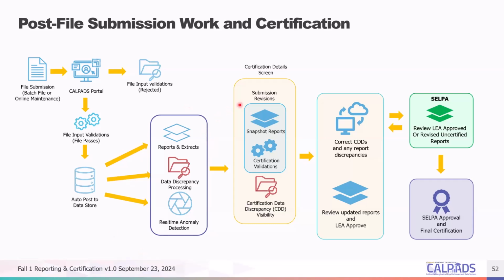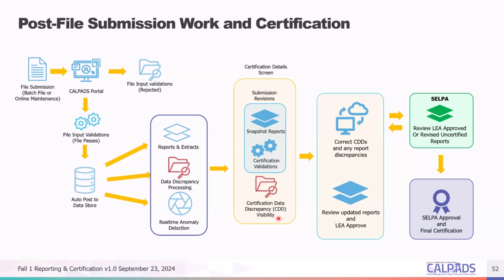Now, for the certification process, your certification, your snapshot reports, your CDDs, this will only be visible once CalPADS activates the submission process or the snapshot process for a certain submission period. So for Fall 1, it's census day, right?